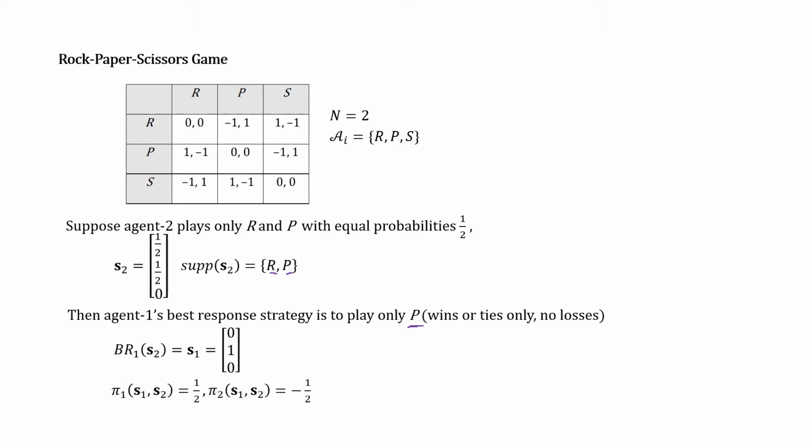So agent 1 wins half the time, and it's a tie half the time, and it's therefore the best response of agent 2 to play only paper. The payoff of agent 1 under these circumstances is 1/2, because he wins half the time and it's a tie half the time, and for agent 2 it's -1/2.